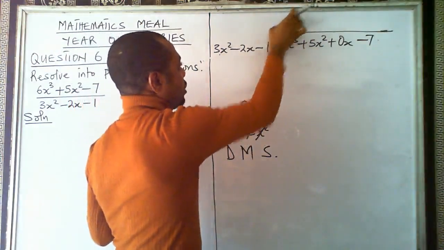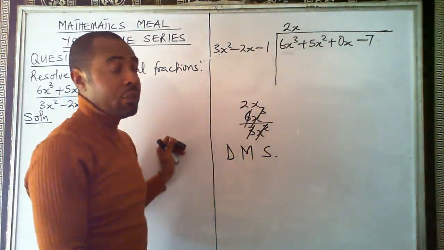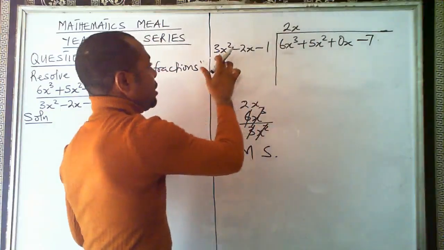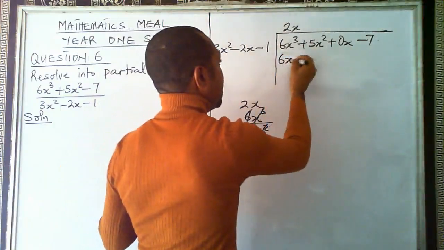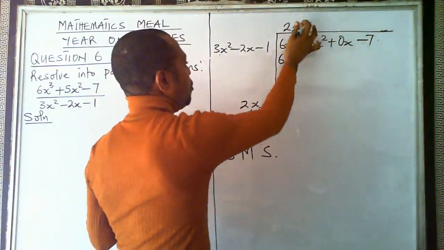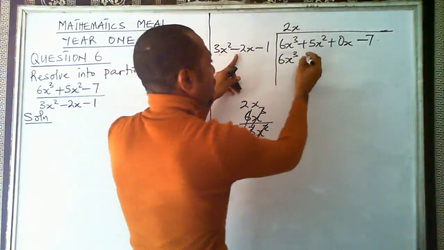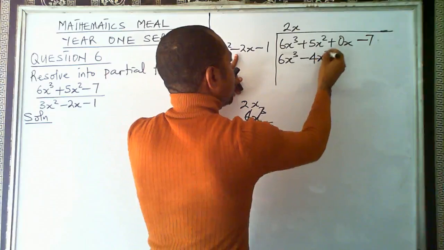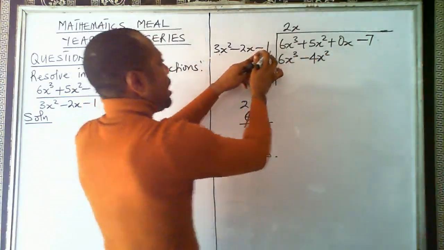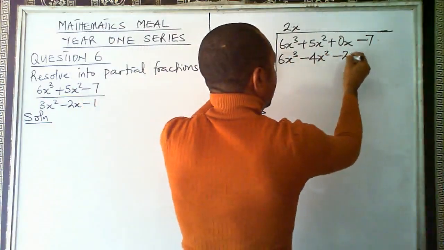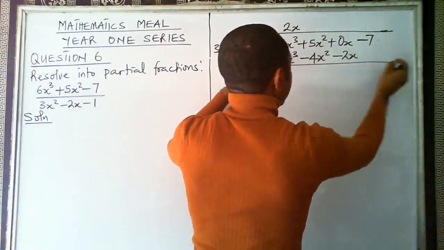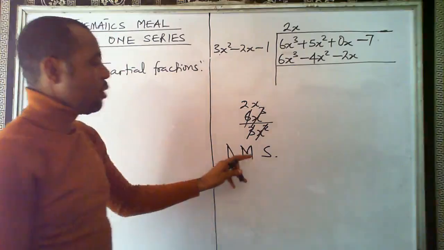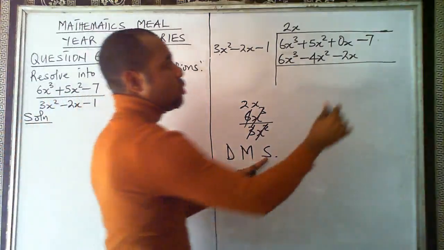Use the quotient to multiply the divisor. 2x times 3x^2 gives 6x^3. 2x times minus 2x gives minus 4x^2. Then 2x times minus 1 gives minus 2x. Nothing more. So we have divided and we have multiplied. What's the next thing? We subtract.